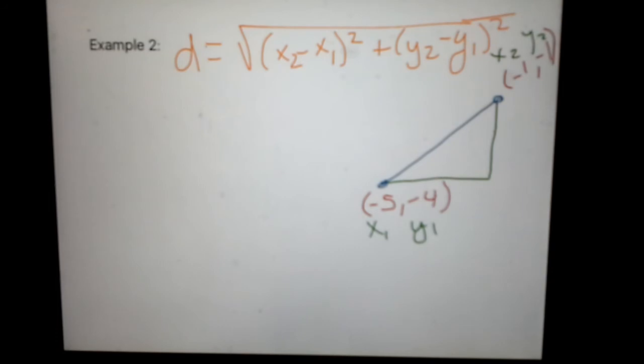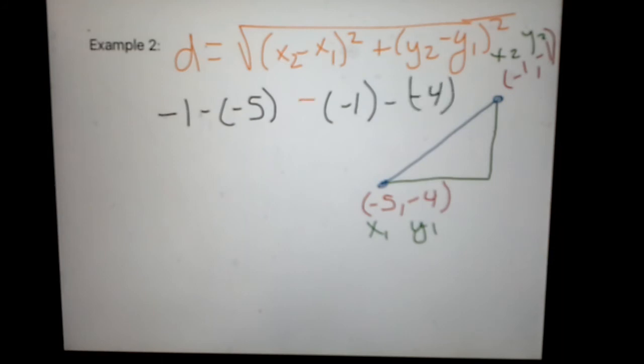Now we're going to substitute these into the formula. X sub 2 is -1, x sub 1 is -5, y sub 2 is -1, and y sub 1 is -4.